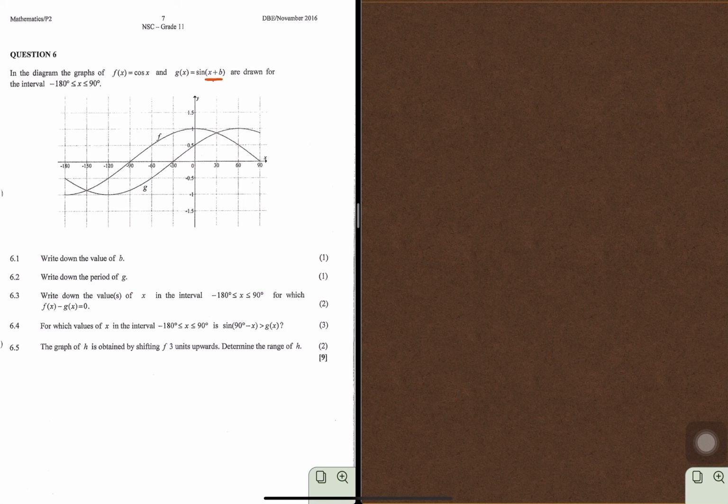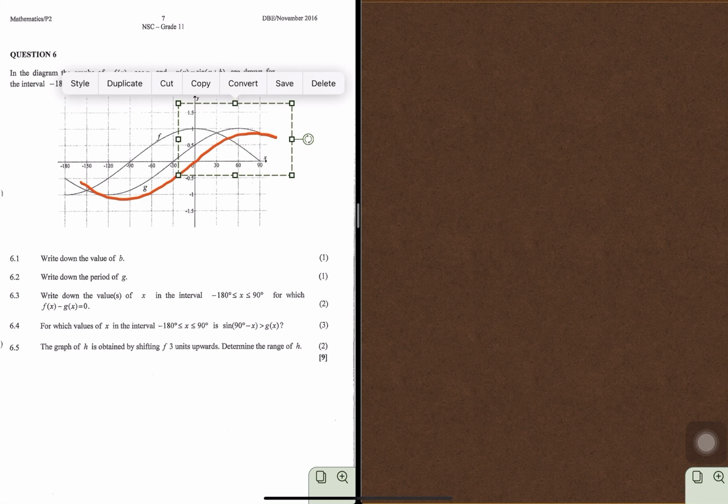Now pay attention. I'm going to draw this g graph here. So that is the graph of g. What I want you to observe is that we have the parent graph of it, and the parent graph really sits comfortably at the origin.